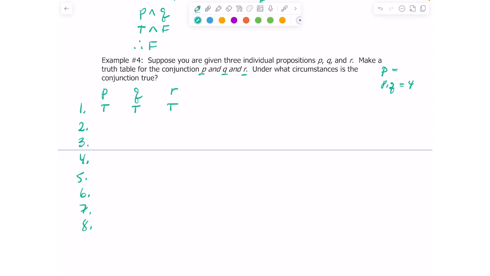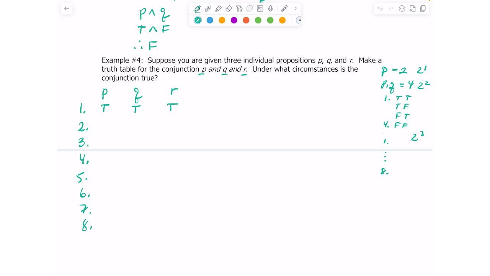You could have both statements be true. You could have the first statement be true and then the next one be false, or it could be false, true, or false, false. So there's actually 4 cases. So there's a pattern. It's 2 to the first, 2 to the second, which is 4. So now it's 2 to the third, which is 8. So there's actually going to be 8 different scenarios when you're dealing with P, Q, and R.